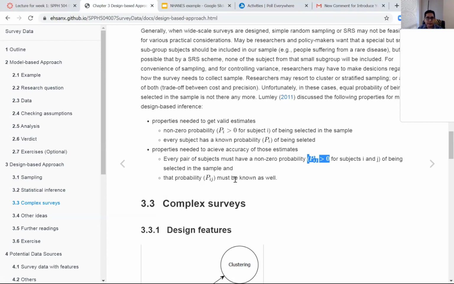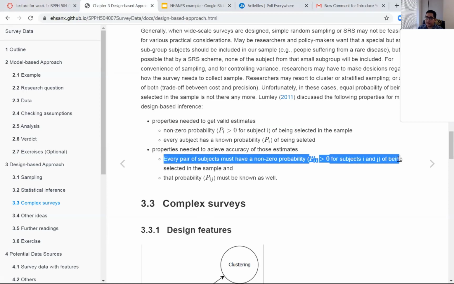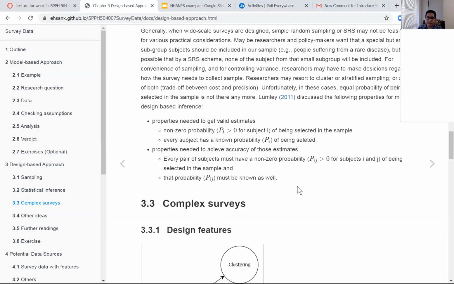If our sampling was done completely independently, then probably only the single-subject probability would be good enough to calculate our inferential components. But since we're dealing with a dependent sample, I will explain why that is the case. Then we need this probability of a pair being selected.